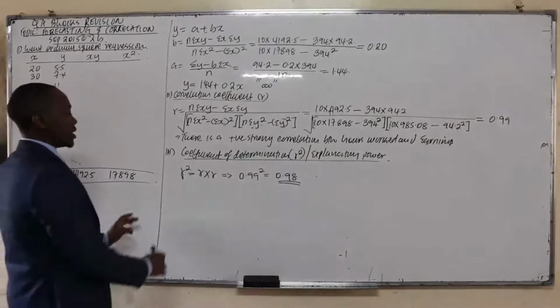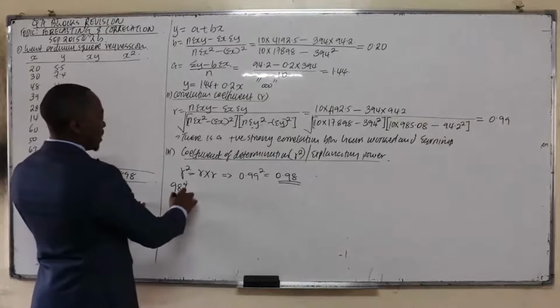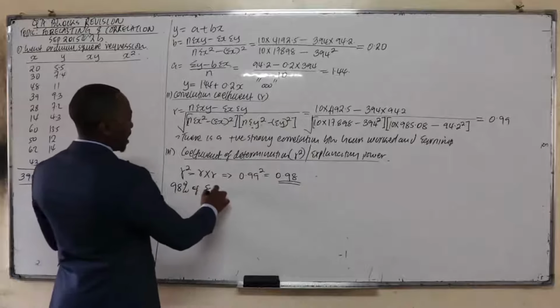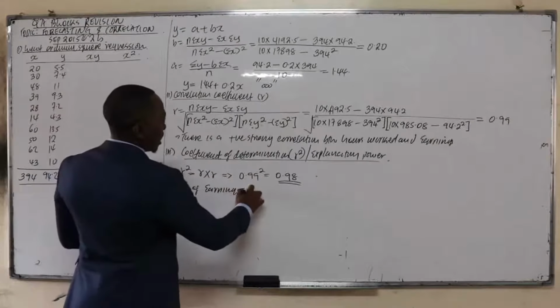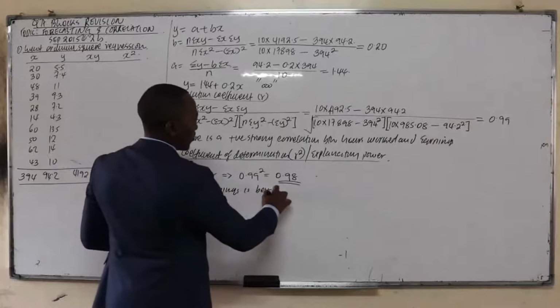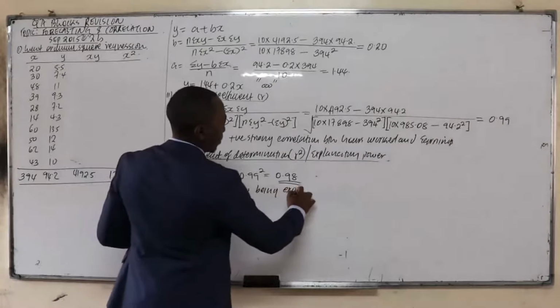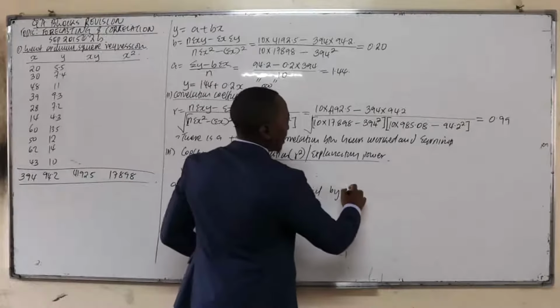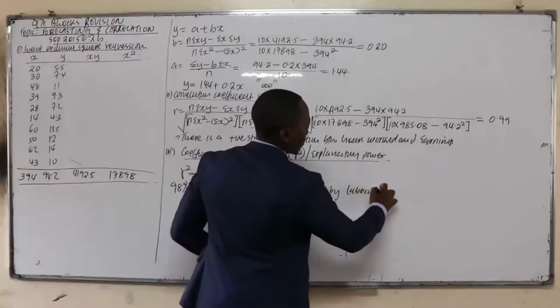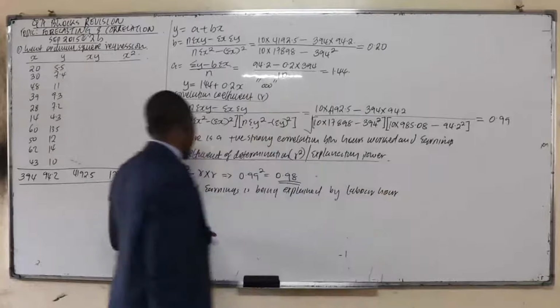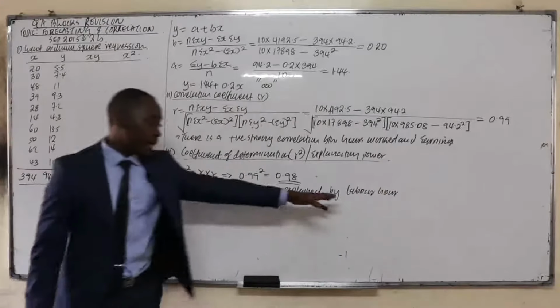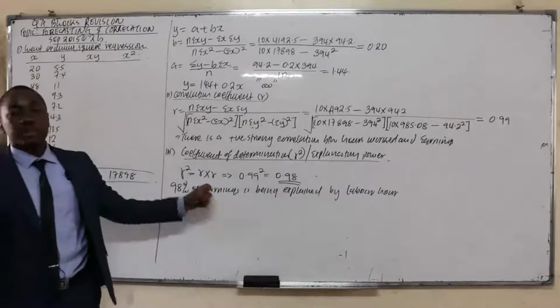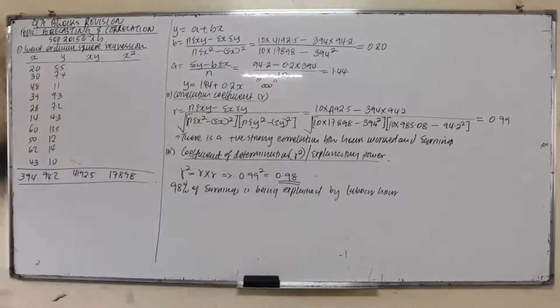So it shows that 98% of earnings is being explained by the labor hours. Or you can also say that 98% of the labor hours explains the earnings. So we can take a screenshot.